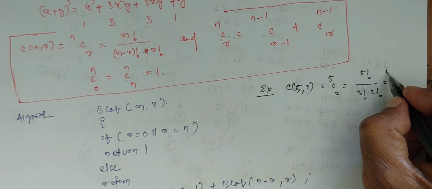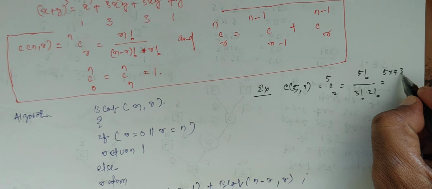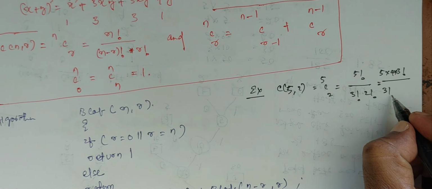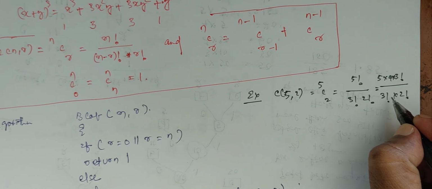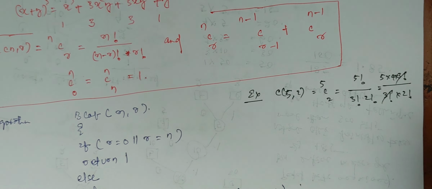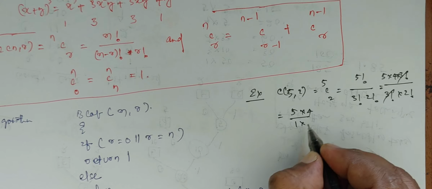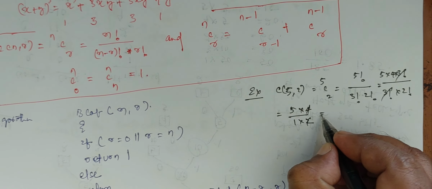So it will be 5 into 4 into 3 factorial divided by 3 factorial into 2 factorial. Then 5 into 4 divided by 1 into 2, that is 10.